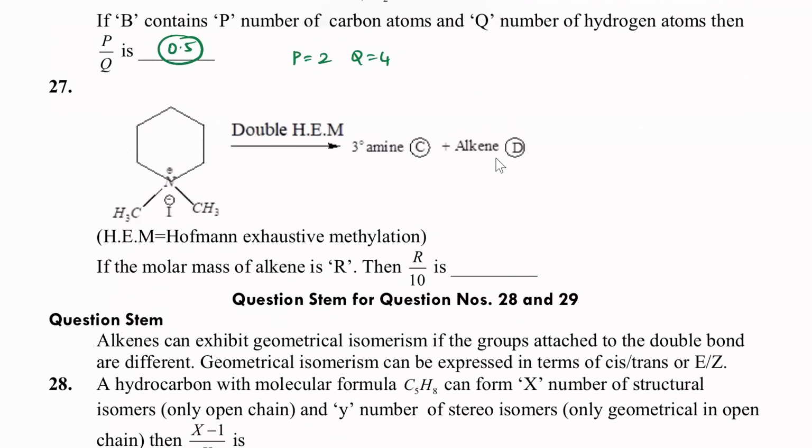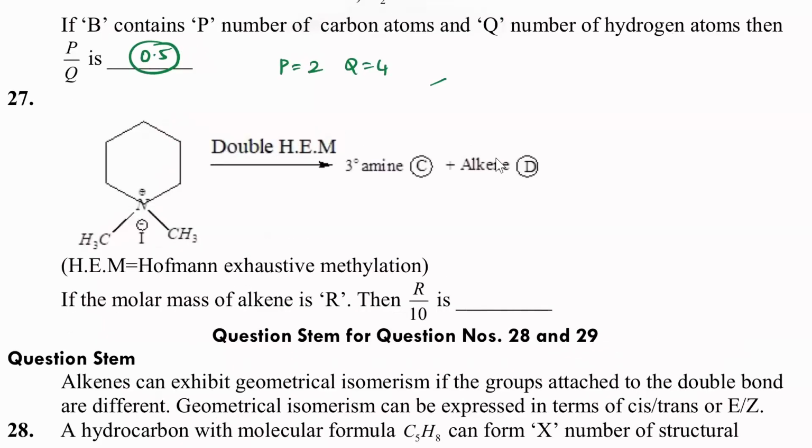Next. This is Hoffman exhaustive methylation. HEM means Hoffman exhaustive methylation, and it is asking us to do it 2 times. In the first time, we already have a plus charge here, so we take this as Ag with OH minus. With OH minus, the beta position is here and the alpha position is here.